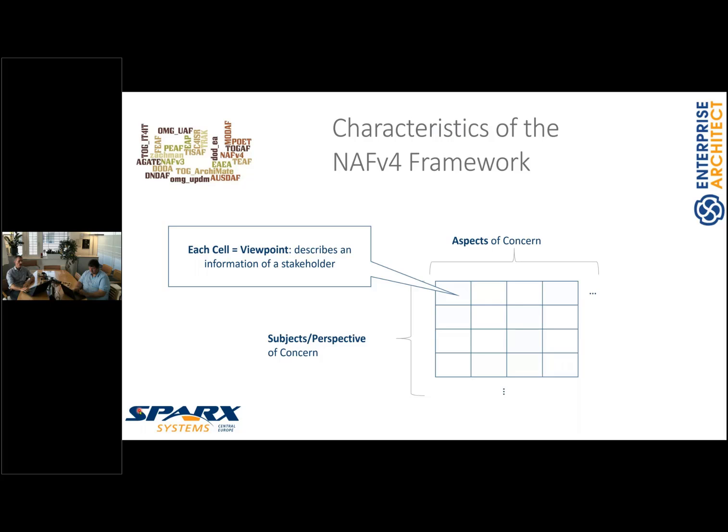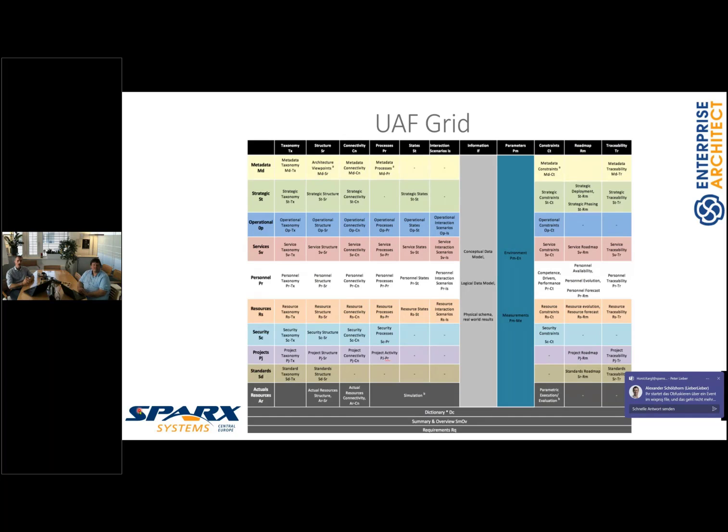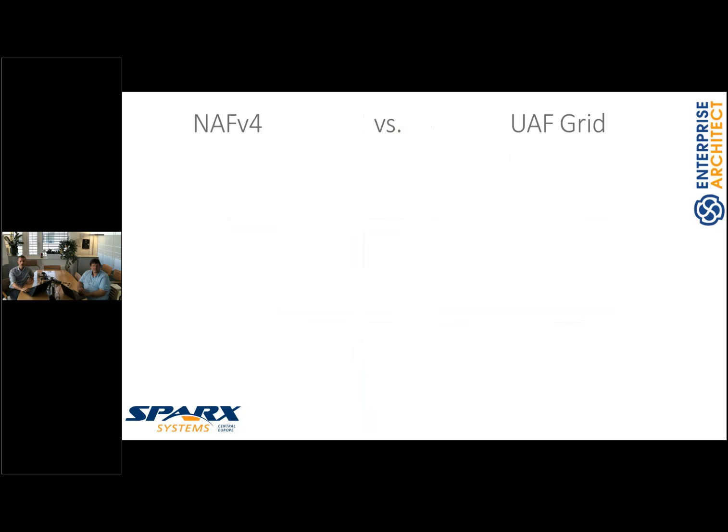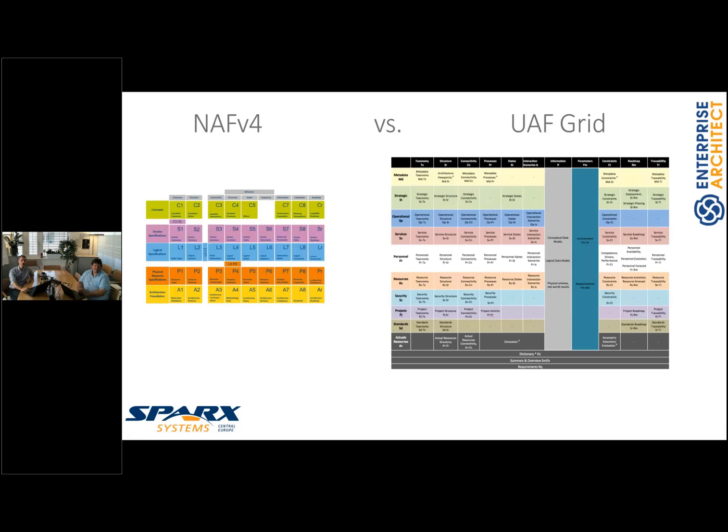This is the UAF grid and all its viewpoints compared to the NATO Architecture Framework. It looks smaller already if we compare them with each other. On the left-hand side we have the NATO Architecture Framework 4.0 and the Universal Architecture Framework.